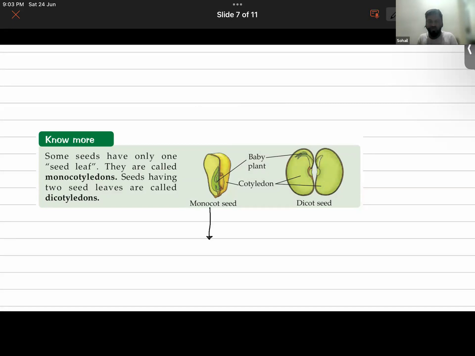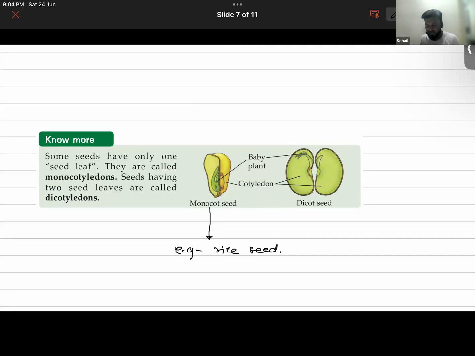Can you see two cotyledons in this one, in a monocot seed? It is not split into two. It is a whole seed consisting of only one cotyledon. As I told you, take the example of a rice seed.